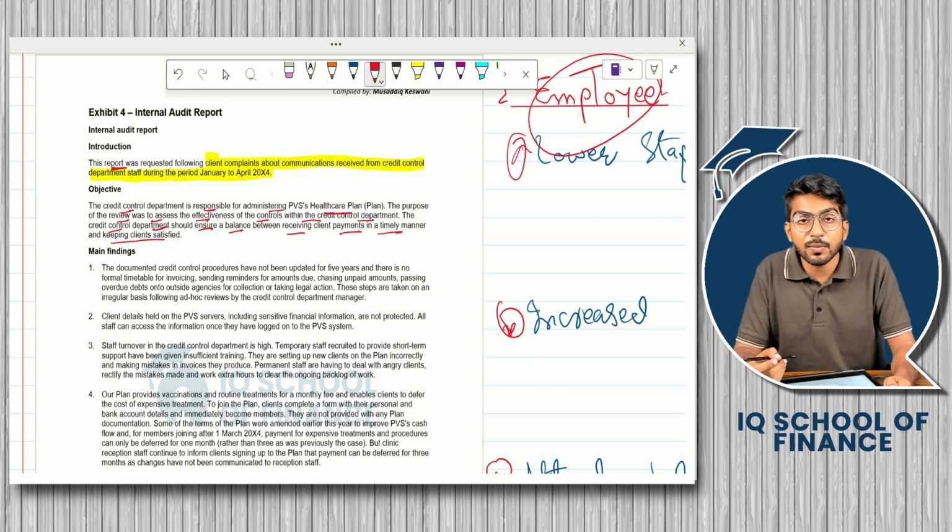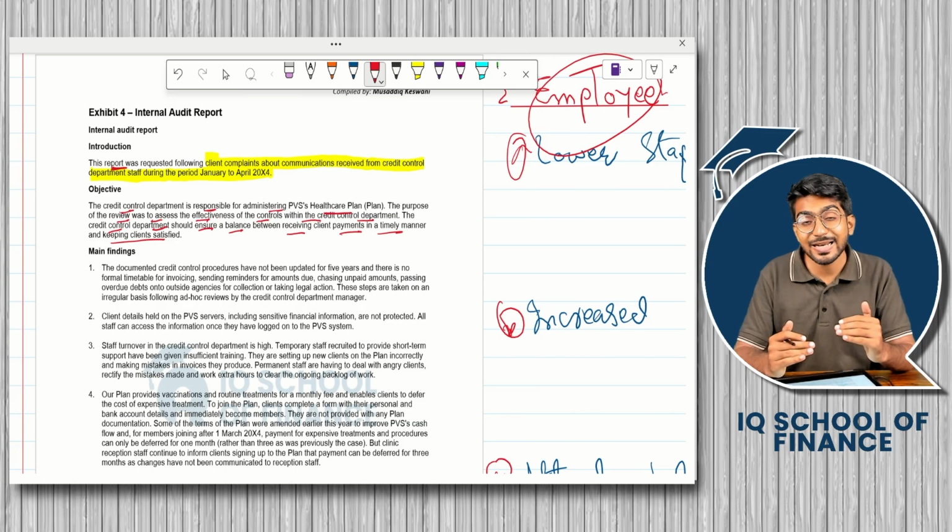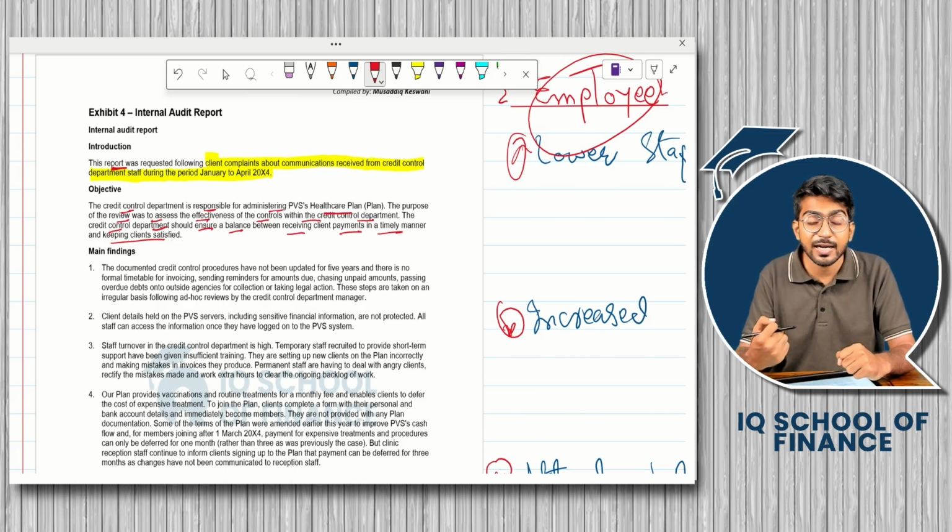So the credit control department has a duty that they should not be so aggressive in recovering the amount that they dissatisfy the client, and they should not be so lenient with the client that they do not recover the money of the company. They have to maintain a balance between recovering the money from the client and satisfying the client as well.